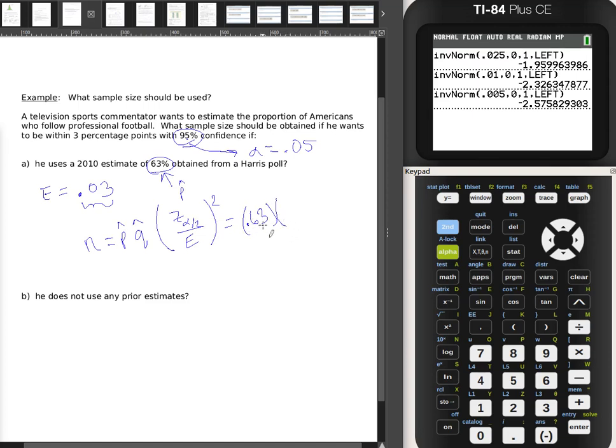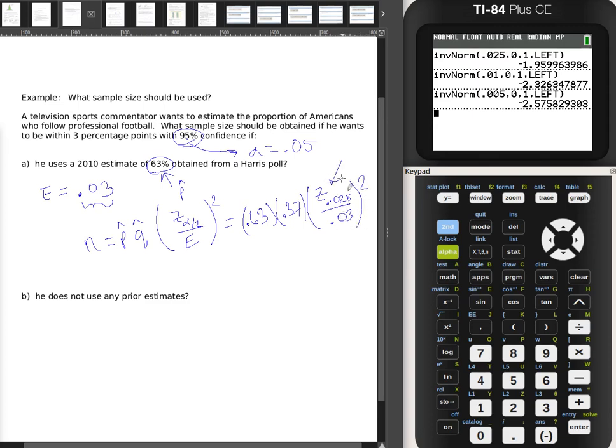The q-hat, 1 minus 0.63, should be 0.37. And then we will go times z alpha over 2, which is z 0.025, divided by the margin of error that's desirable, which is 0.03. And then we will square this.